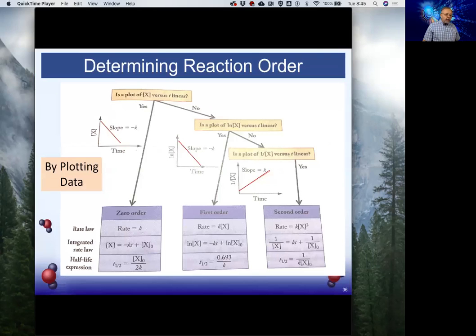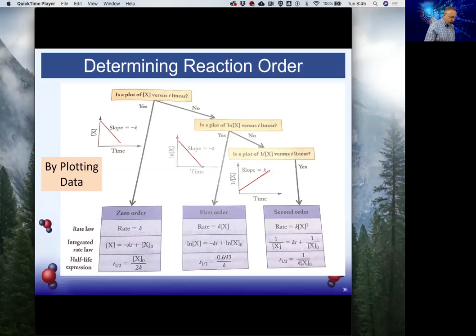So in the laboratory this week, we're going to do a reaction and determination of the order of the reaction. That means we're going to try to find the exponent. We're going to do two approaches, but what we're going to be doing is acquiring data for the reaction and trying to see which is the order.